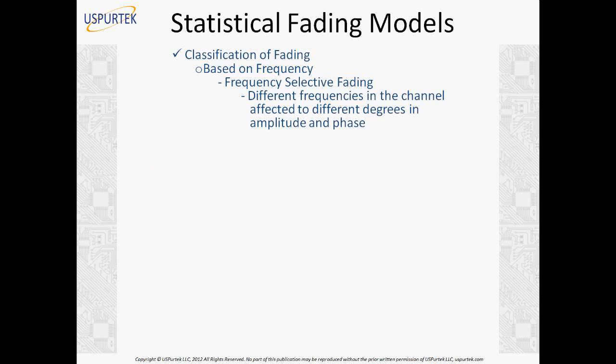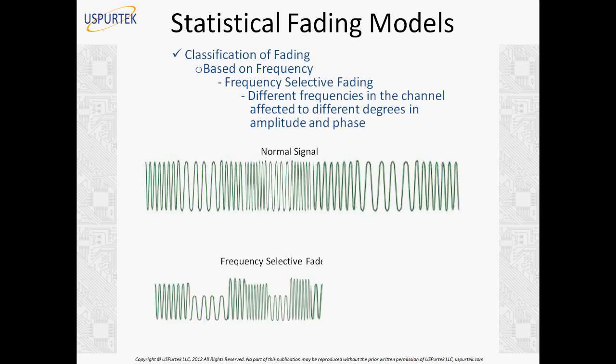But if you have frequency selective fading, the challenges are much higher. Here you see an illustration: in the normal signal you have different frequency components, which are represented visually here by different wavelengths. The waves are wider or compressed. Higher frequency has compressed waves, and lower frequency has wide apart waves.